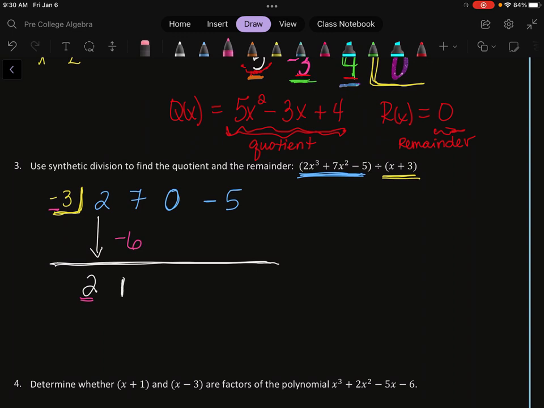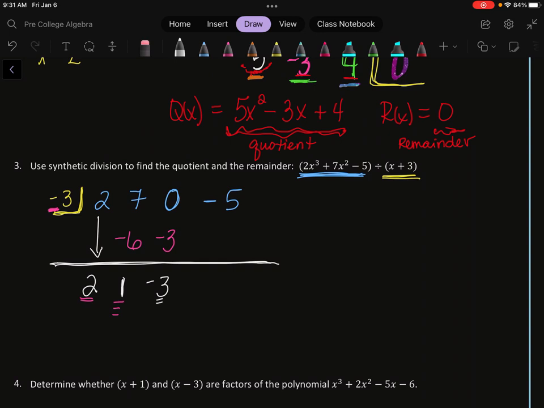So then we need to do +1 times the 3, -3, and that is -3. We add those, we get -3, and then we have -3 times -3, right?